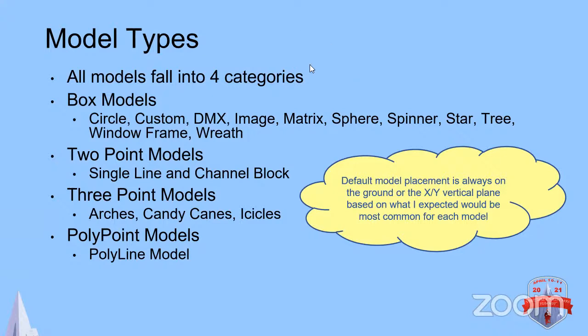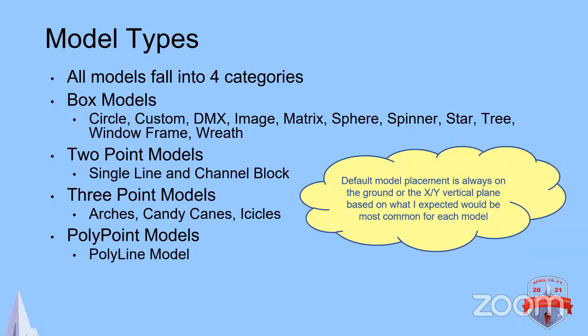So inside xLights, behind the scenes, there's really only four different categories of models. There's what we call a box model, a 2-point model, a 3-point model, and the polypoint models. So all models fall into one of those 4 categories. And basically what that means is that changes what types of handles they have. For box models, there's always going to be 4 corners, and you can always change those 4 corner handles.